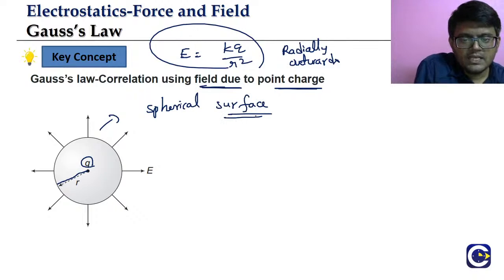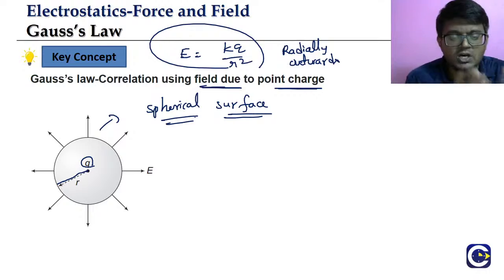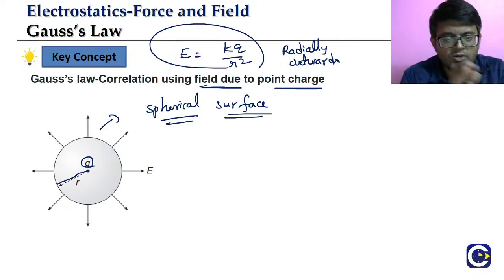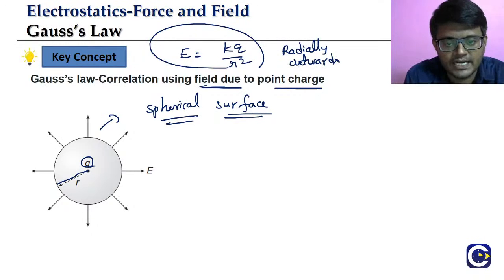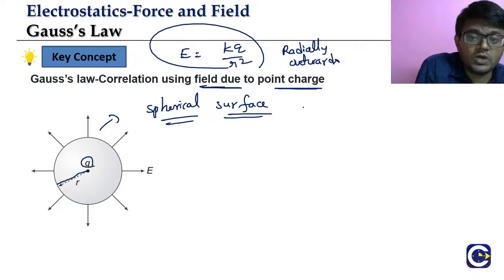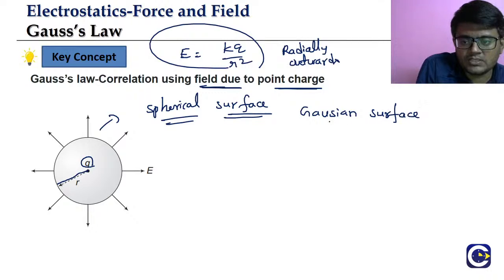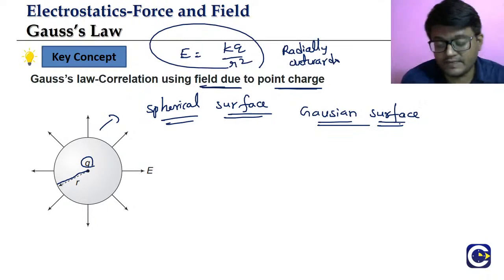Okay? On this surface we are going to use the concept of Gauss law. On whichever surface we use Gauss law, we also call it a Gaussian surface. So the surface on which we use this Gauss law, we can call a Gaussian surface. It's a very simple name, that's all.